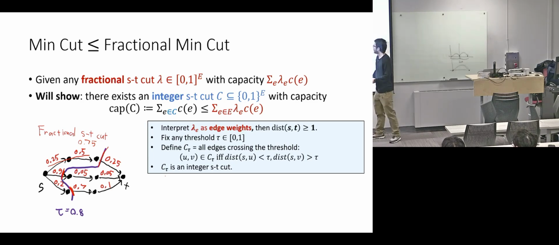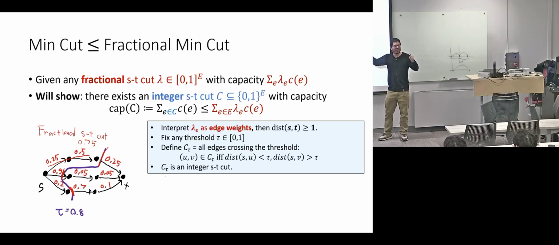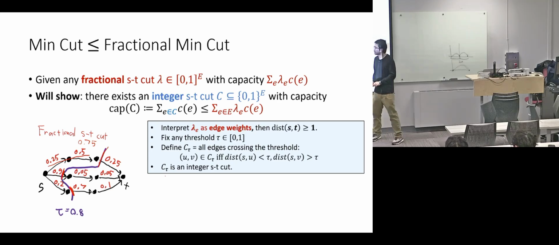Because to go from S to T, you need to increase the distance from 0 to 1, but C tau will basically remove all the edges that cross some distance threshold. So once you remove C tau, then there is no path. So C tau is an S-T cut, an integral one. Okay.